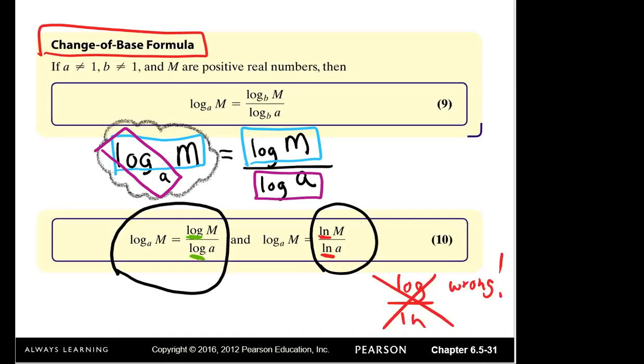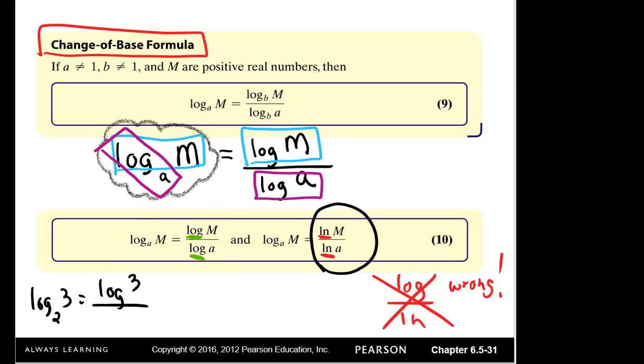So if you're given log base 2 of 3, I'm going to calculate log base 10 of 3 divided by log base 10 of 2. And I would just grab my calculator and do the math.